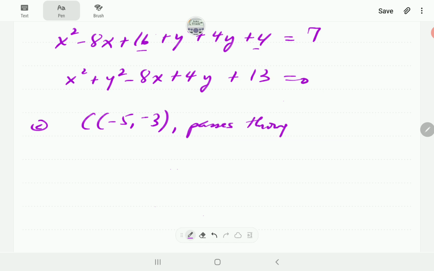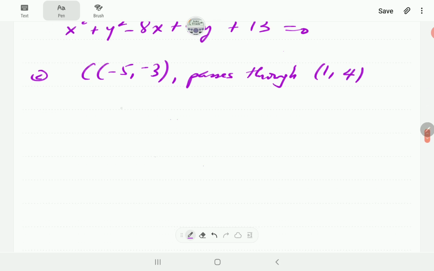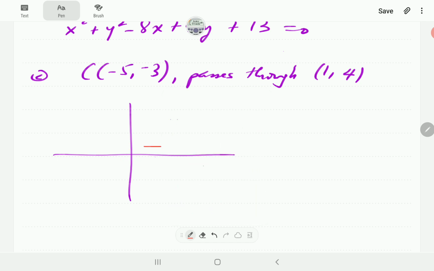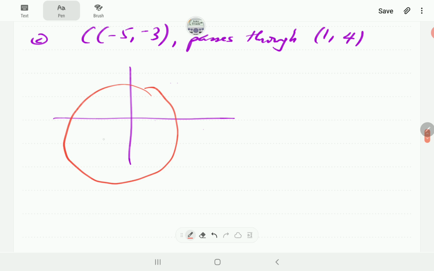It passes through 1, 4. It does help to make a sketch when the conditions are somewhat more involved. So here I've got center at minus 5, minus 3. It goes through some point, 1, 4.